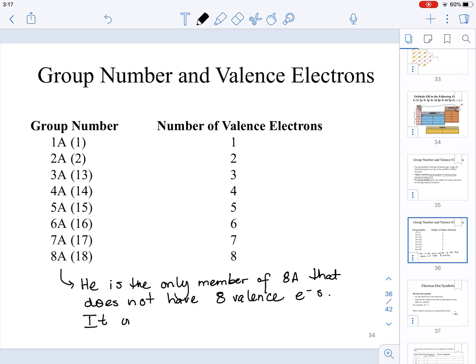It only has 2, okay? But because those 2 electrons live in the s orbital, we're going to learn later how that actually gives helium its stability. So understand that this group number with the valence electron works for most atoms. The only exception to the rule is going to be helium, okay?